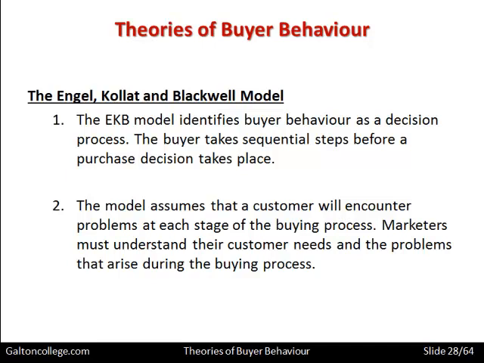And it's the job of the marketing department and the companies to ease the transition from one phase of the decision-making process to the next. They must be able to help the customer resolve the problems as the customer steps through the various sequences towards a decision to buy.